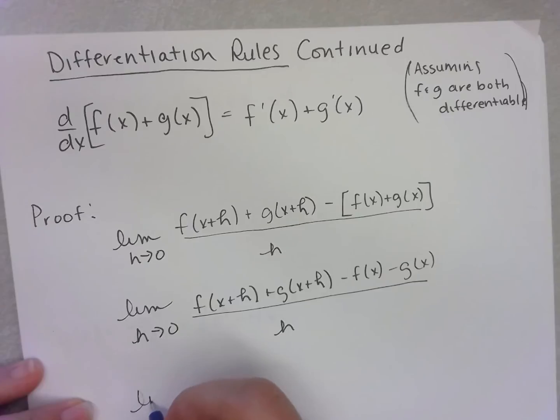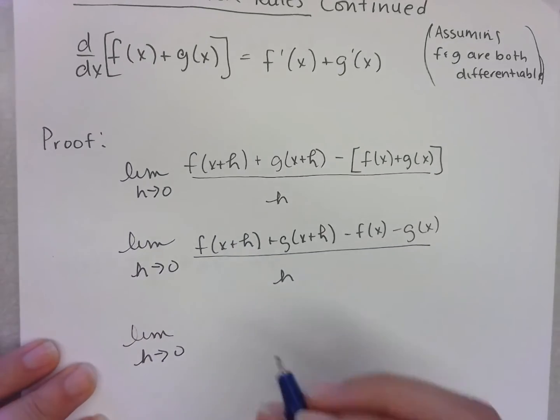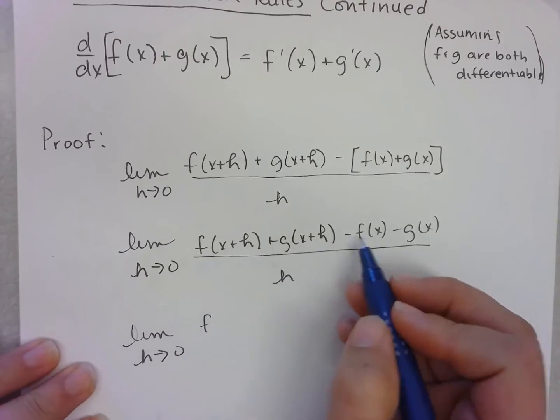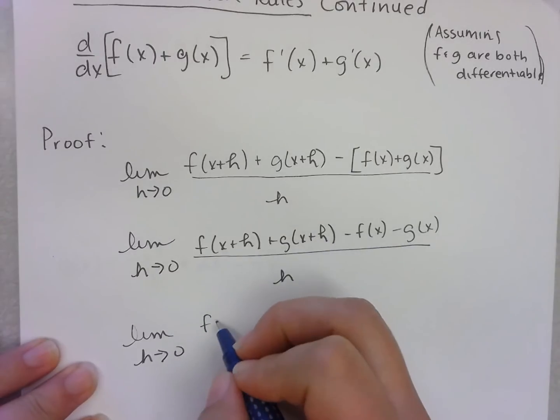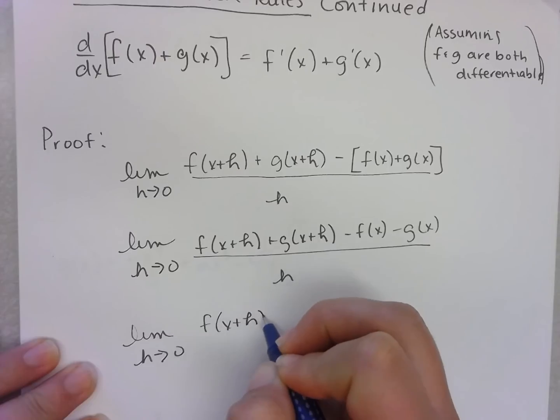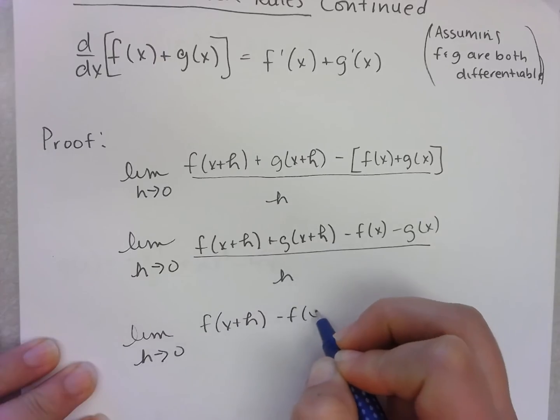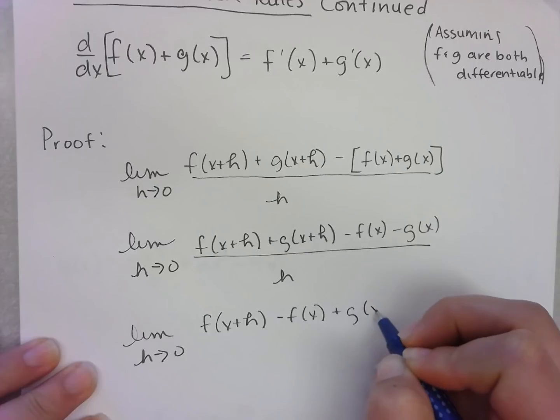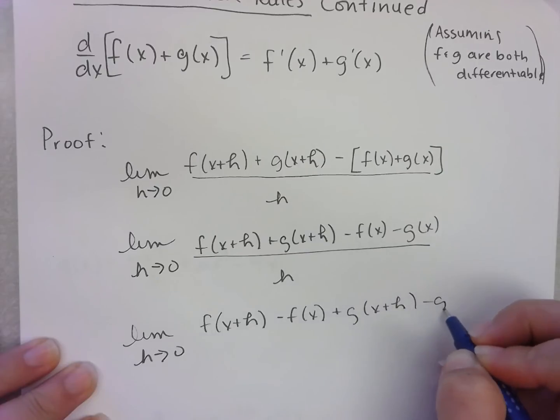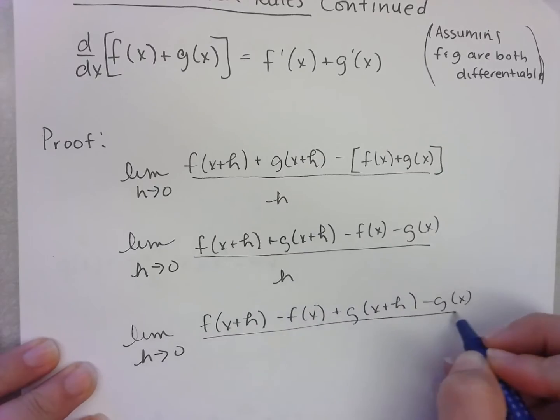So I have the limit as h approaches 0 of, and I'm going to put the two f terms together and the two g terms together. So I have f of x plus h, and then minus f of x, and then plus g of x plus h minus g of x. All I did was change the order in which I wrote everything.